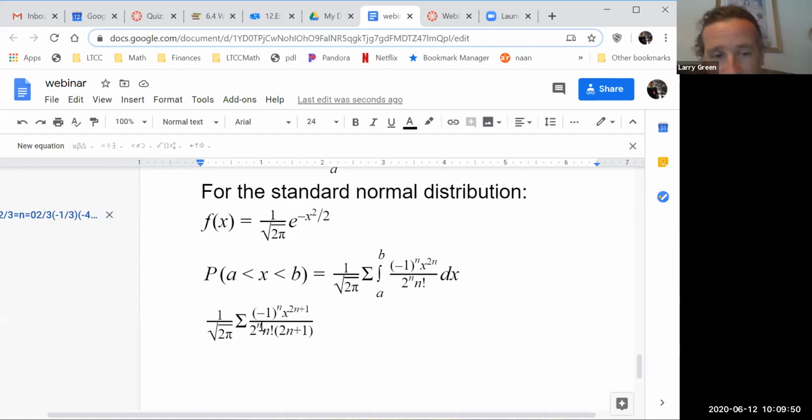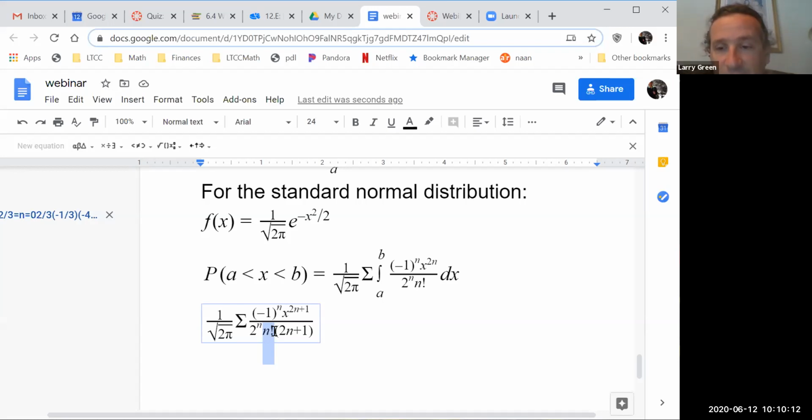It's better because of this n factorial in the denominator. n factorial is gigantic for big n. As soon as n is, say, 20, n factorial is gigantic. So with this series, you don't need a lot of terms to have a really good answer to, say, 10 decimal places.